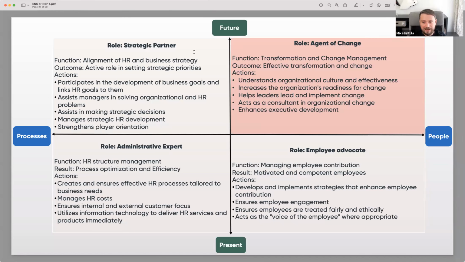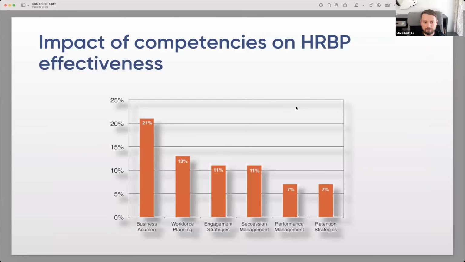Actions: understands organizational culture and effectiveness, increases the organization's readiness for change, helps leaders lead and implement changes, acts as a consultant in organizational change, and enhances executive development. Of course, we will take part of this role as our HR business partnership role as well. So we'll learn how to improve people's work, and we will learn how to better understand the business.